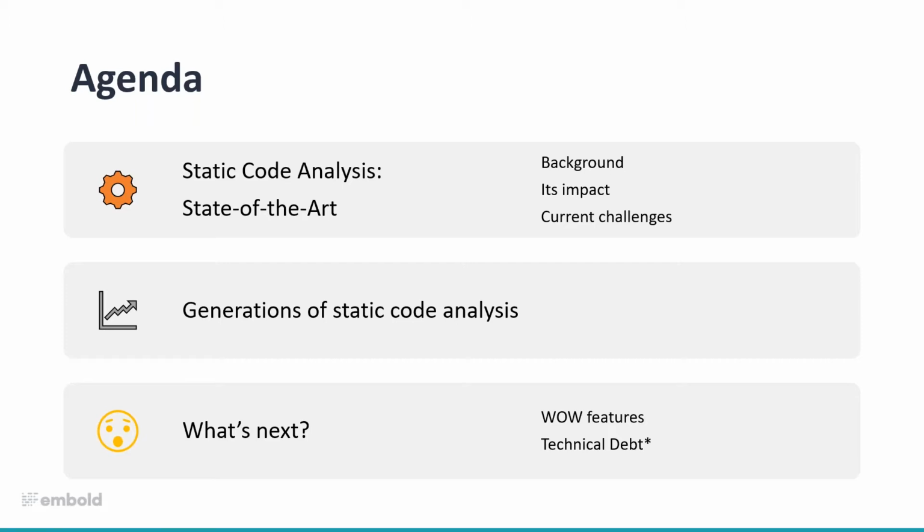And then we will explore from the beginning how the static code analysis tool began and until now, and then maybe we could discuss some of the features that could be improved in the static code analysis tool. And if we have more time, I will try to discuss a little bit about technical debt.